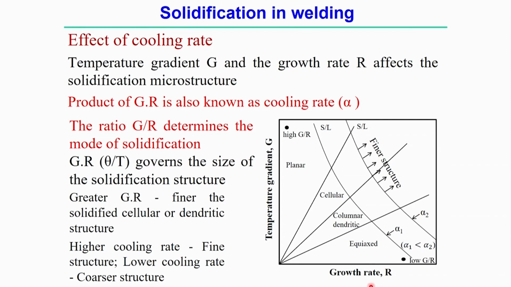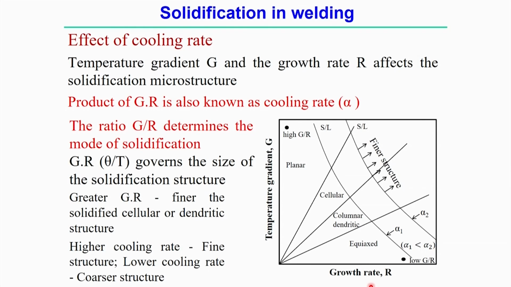If we dimensionally check it, G is the temperature gradient, temperature by length, and R is the growth rate, length by time. So, length by time times temperature by length is temperature by time, which represents the cooling rate.